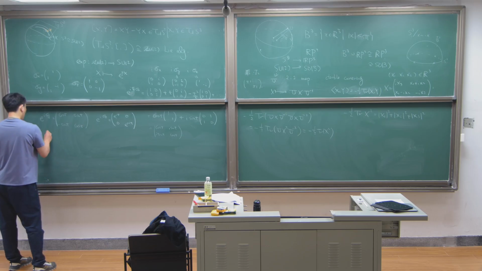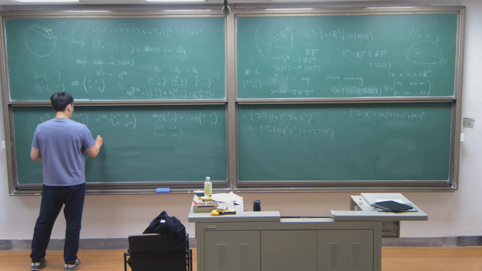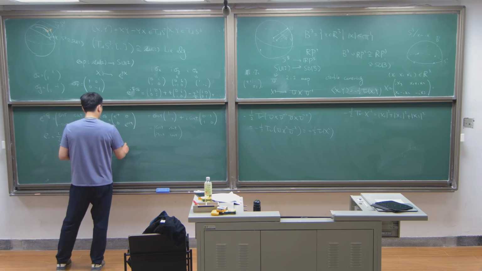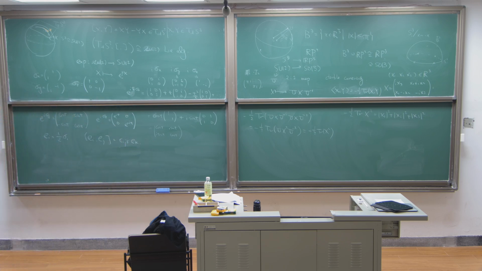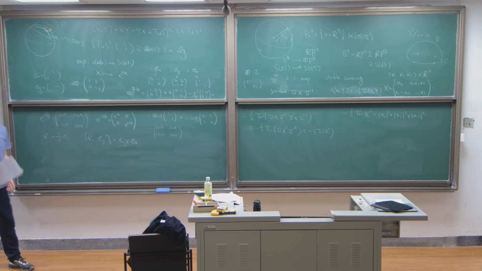If you define the E_i, then [E_i, E_j] is equal to epsilon_ijk E_k. This is what you already knew from the theory of angular momentum. You will have this kind of relation.